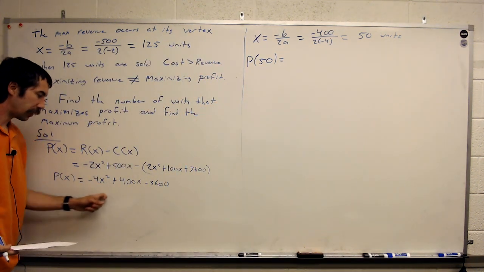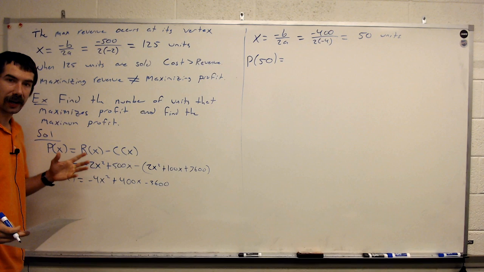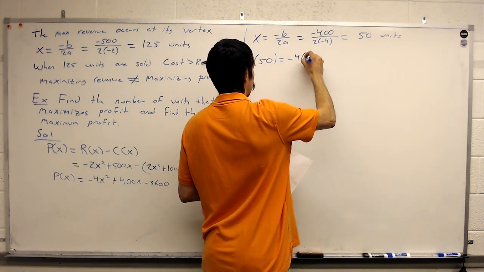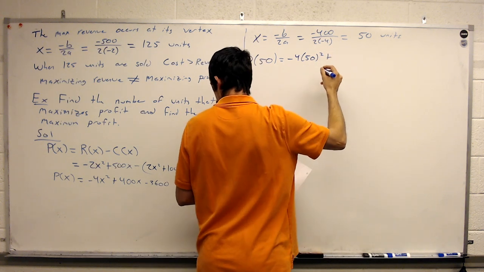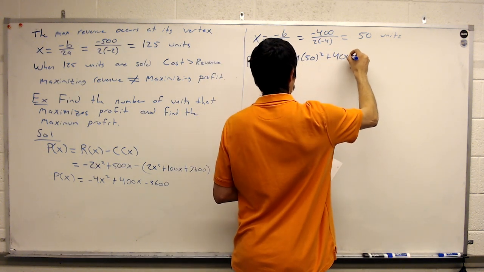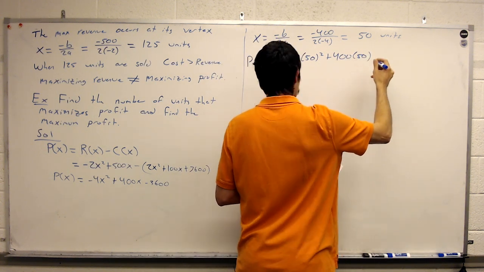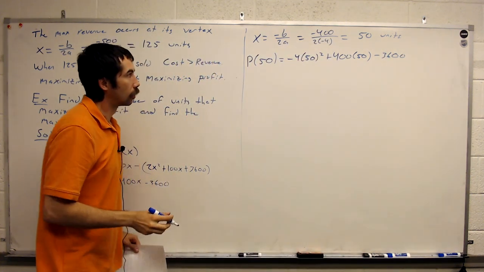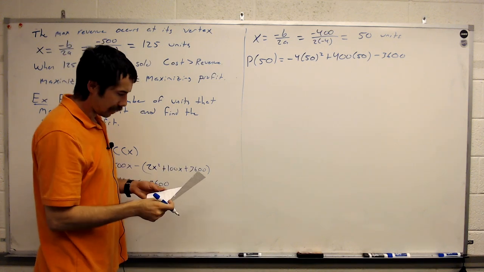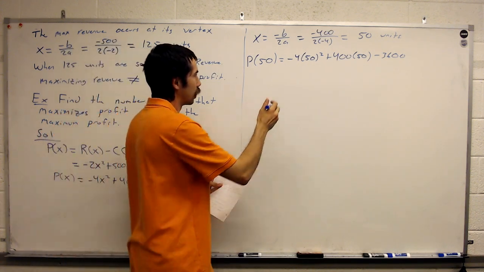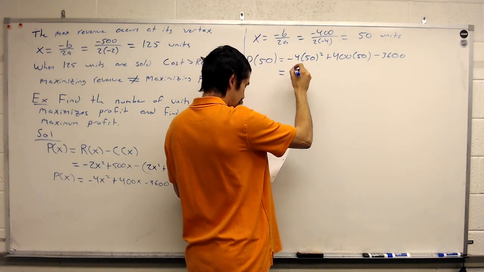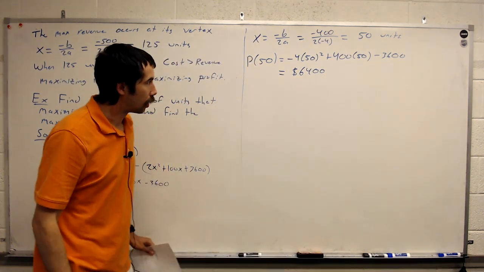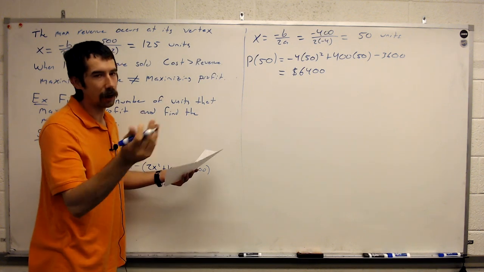So we take our profit function and we sub in x equals 50. All right, and so when we do that, we could just type this into a calculator, and our maximum profit is $6,400, or whatever our units are.